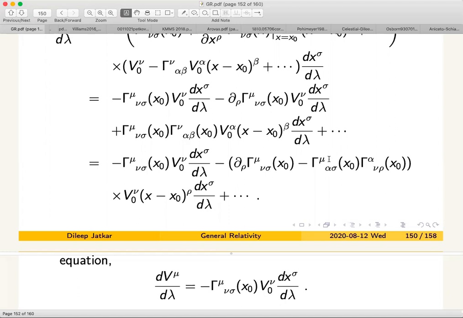Now you use the fact that rho and sigma are antisymmetrized and write the second term as minus del sigma of gamma mu nu rho by swapping the indices. If you do that, this quantity would be just half the Riemann tensor.